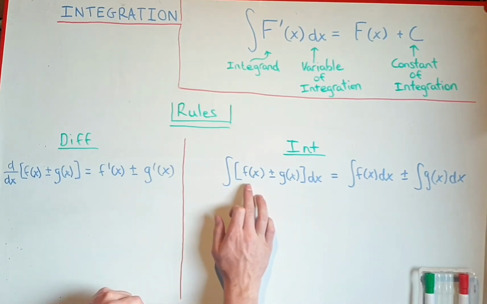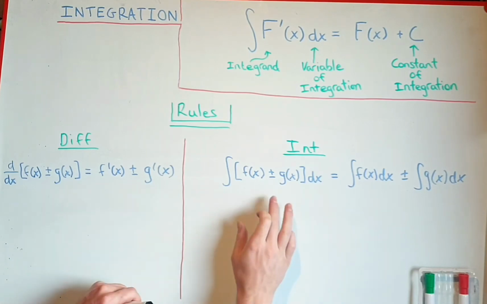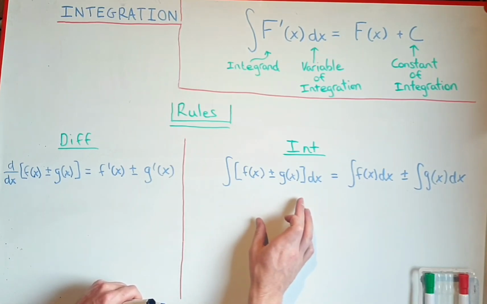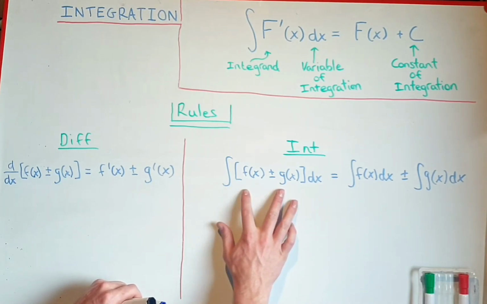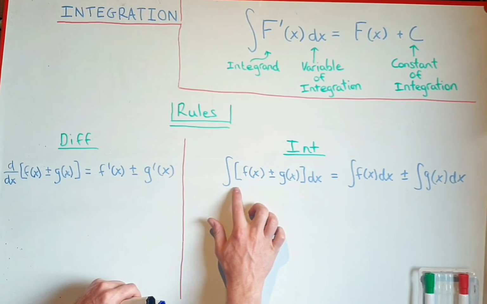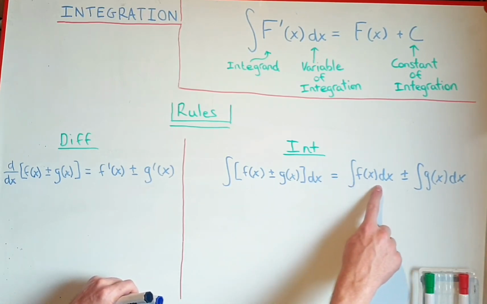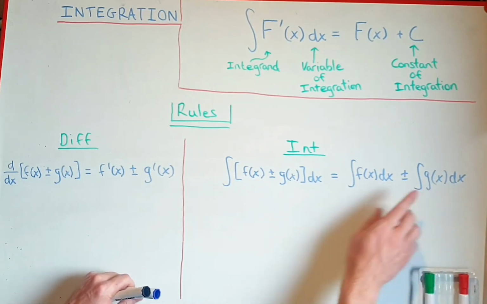So if you want to integrate two functions that are separated by a plus or a minus sign, you're just going to integrate each function individually. So what you do is you first integrate the first function, and then you integrate the second function.